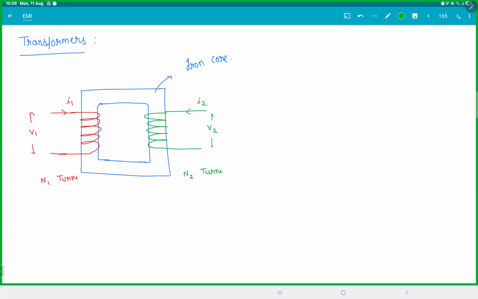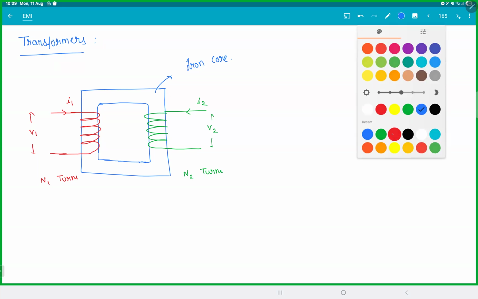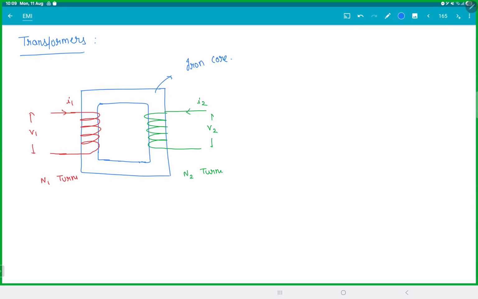So when the current flows from the left-hand side, these coils will generate a magnetic field. An iron core has a very high value of mu, so magnetic field will easily pass through. So if you look at the magnetic field, an iron core is like a path of least resistance.